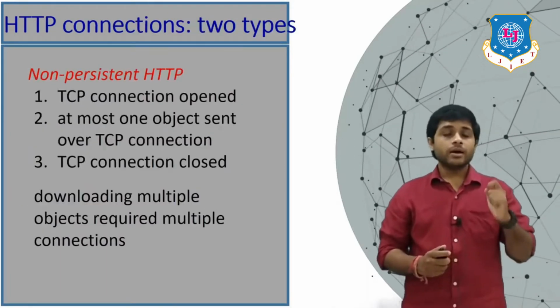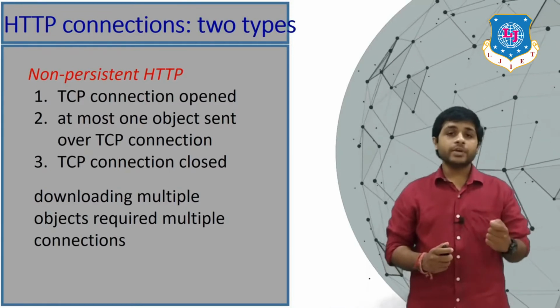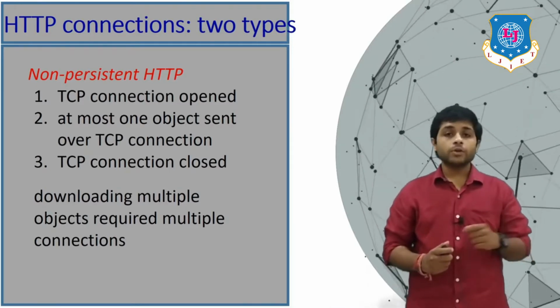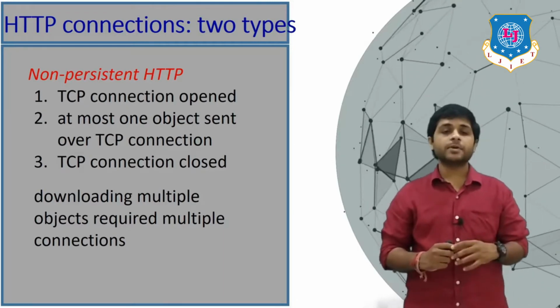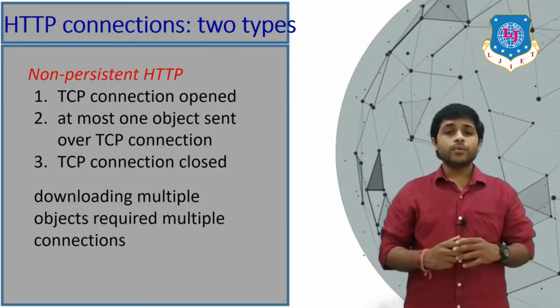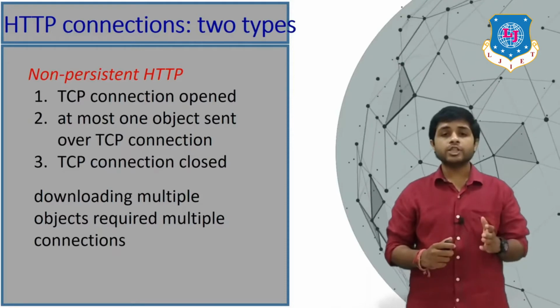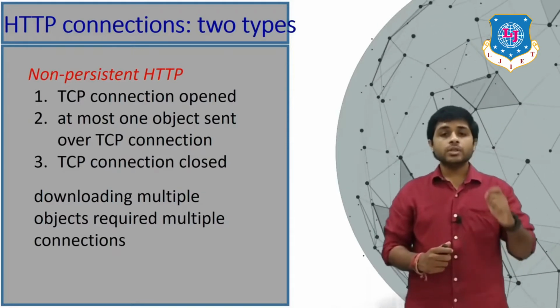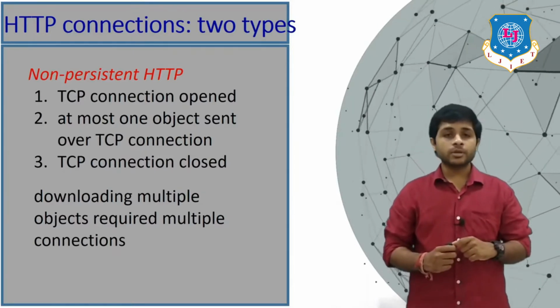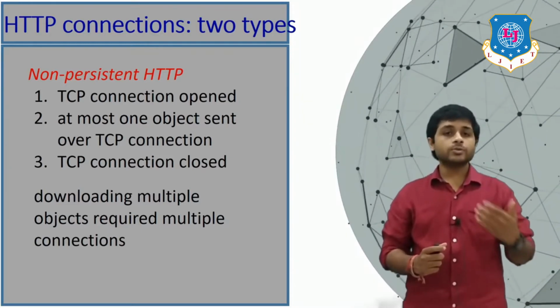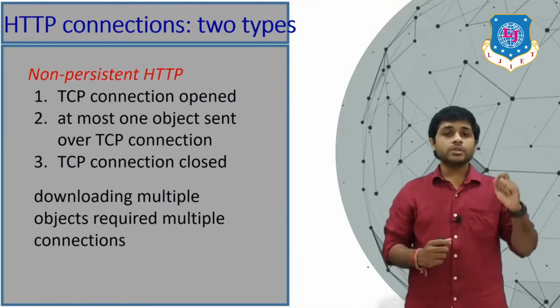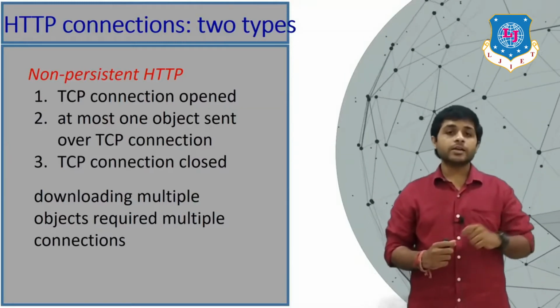Now HTTP has two types: the non-persistent HTTP connection and the persistent HTTP connection. Now let's see what the non-persistent HTTP connection is. In the non-persistent HTTP connection, when the client, meaning your computer, wants to connect to the server, it will first create the TCP connection.